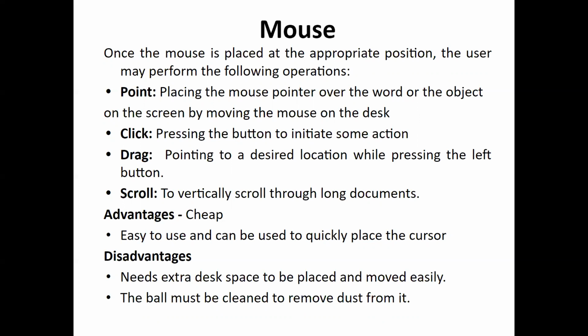Items can be selected or moved using the left mouse button, while the right button usually displays additional menus. Most mice are now optical, which means they use a laser to detect and track the movement across the surface. A mouse can either be wired or wireless.